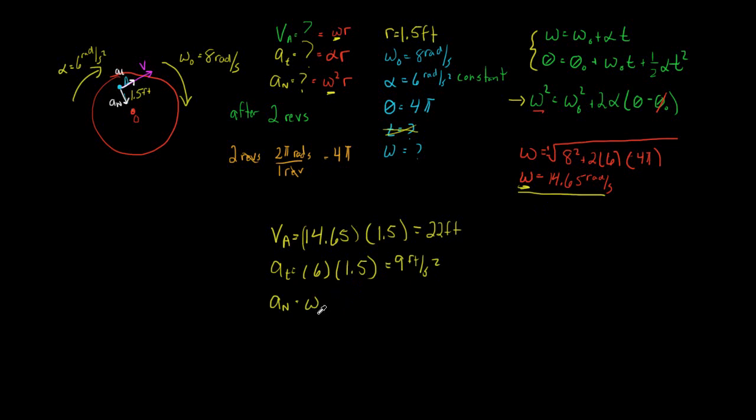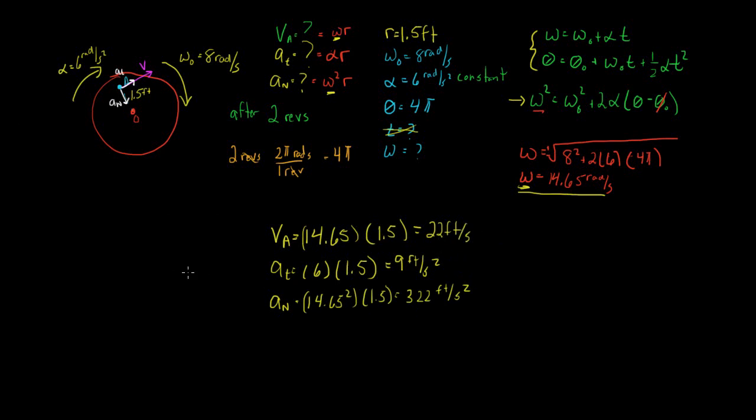So that's 14.65 squared times 1.5, and this becomes 322 feet per second squared. And this right here, I made a mistake. It's 22 feet per second.